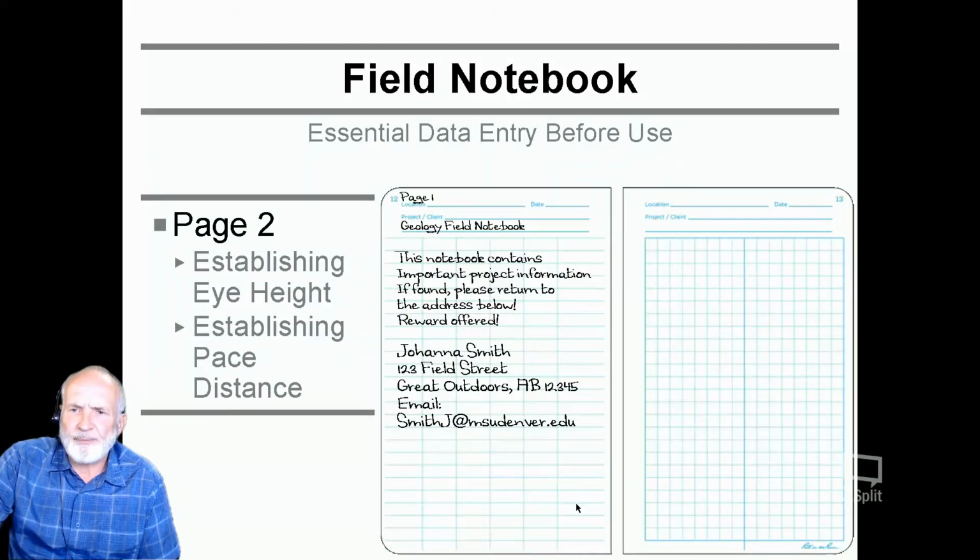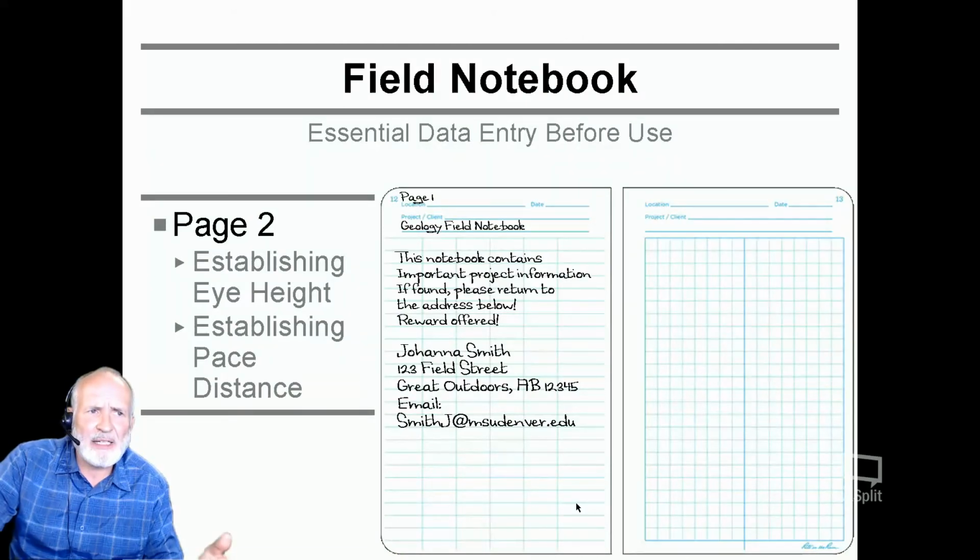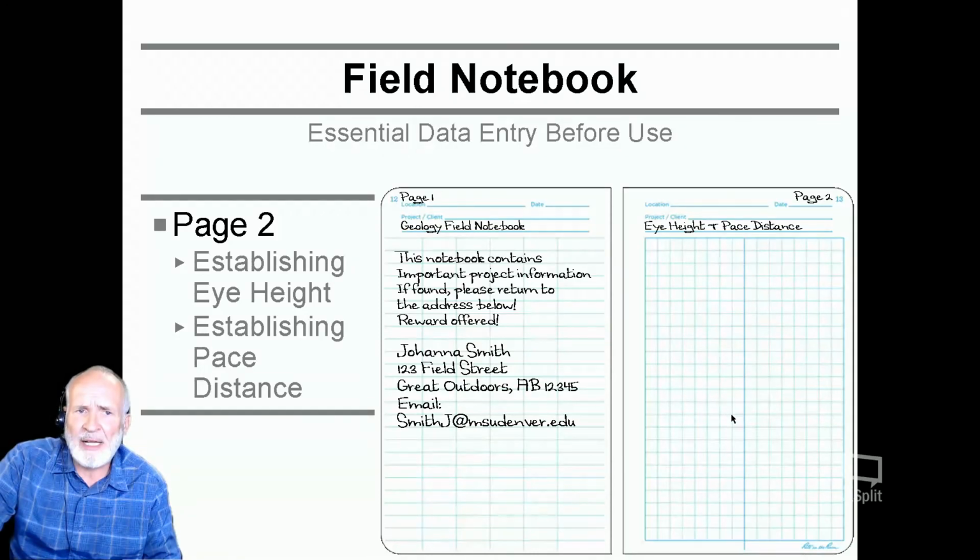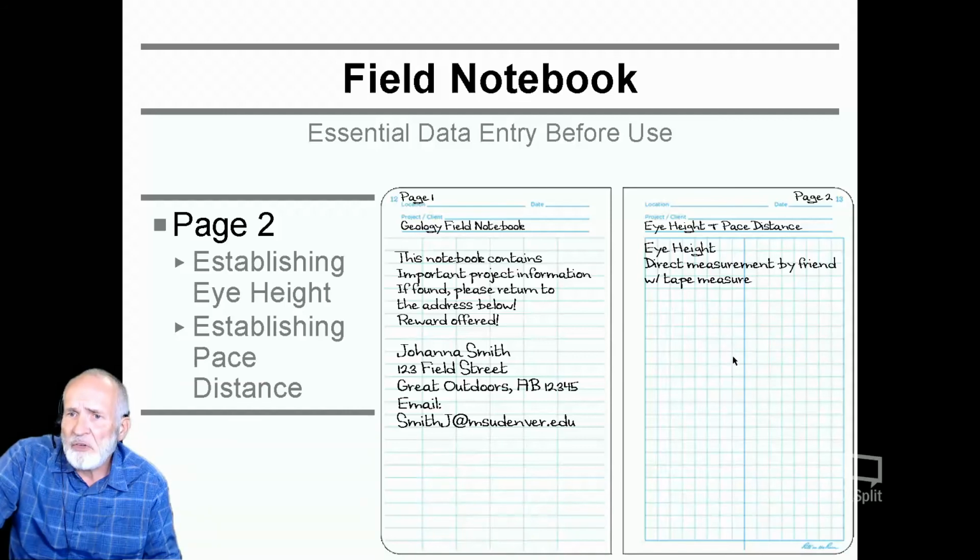All right, once you have your eye height established, of course you need to enter it. So page 2, or something like this: eye height and pace distance will go on page 2 in your notebook as you establish those. So for the eye height, tell a little bit how you measured it, direct measurement by a friend with a tape measure, maybe something like that.